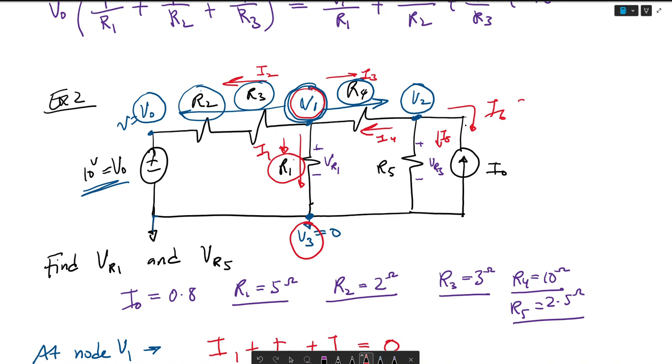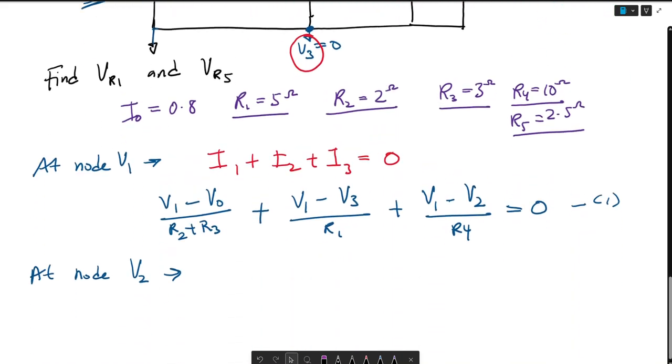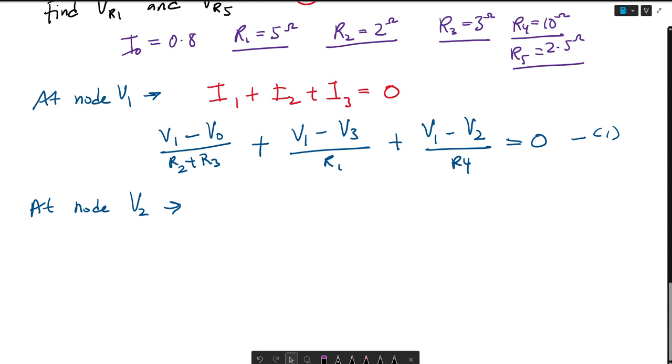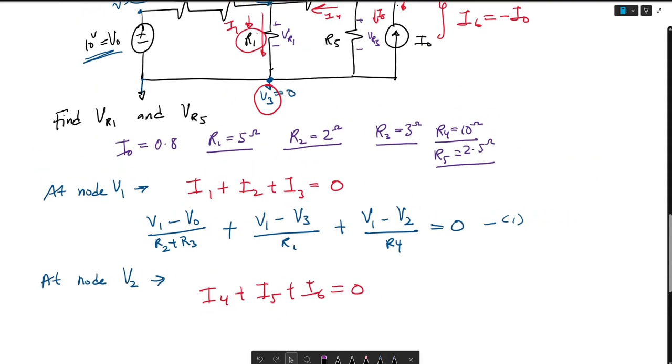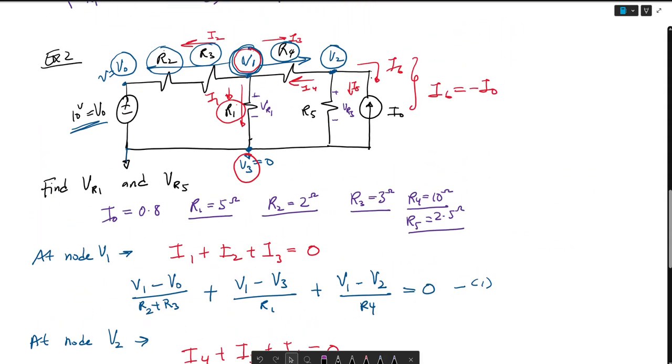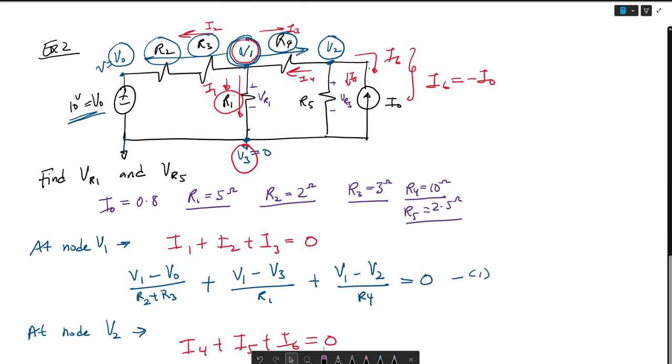If you notice, I6 is equal to negative IO. But if we want to write it out, I4 plus I5 plus I6 is equal to 0. I'll walk you through it again.